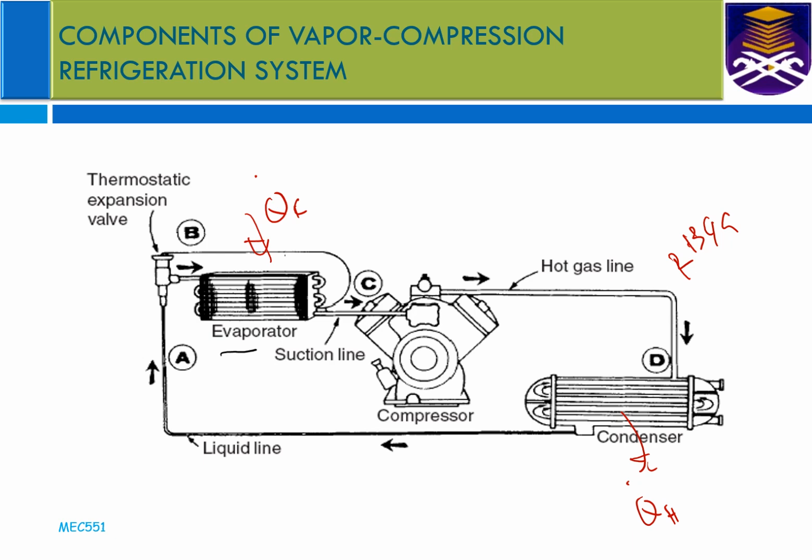In the compressor, I missed this one, there is the work input. Then the heat rejected in the condenser is QH. Then we go to the expansion valve, which expands the refrigerant to the evaporator pressure. So this is the expansion valve.